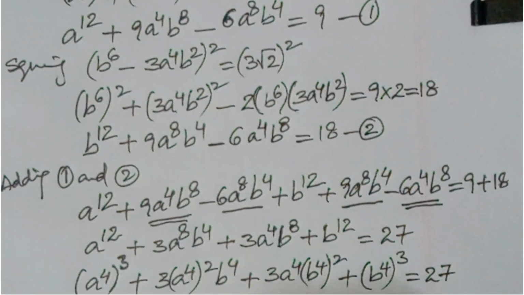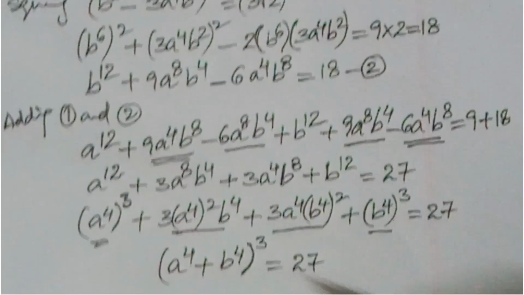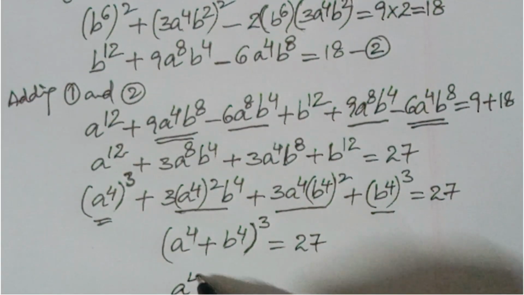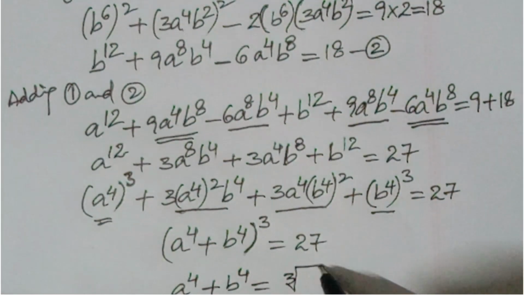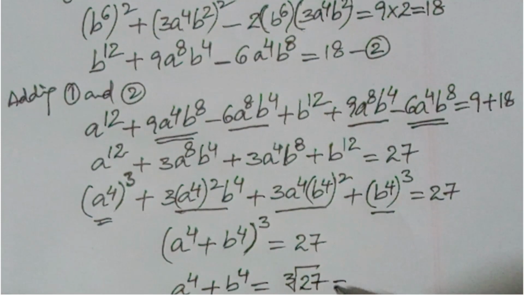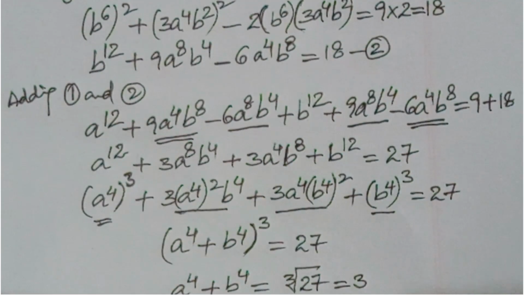Now it is in the form of a cube plus 3a square b plus 3ab square plus b cube. You can write it as a to the power of 4 plus b to the power of 4 whole cube is equal to 27. Now a power 4 plus b power 4 is equal to cube root of 27, that is equal to 3. Therefore a power 4 plus b power 4 is equal to 3.